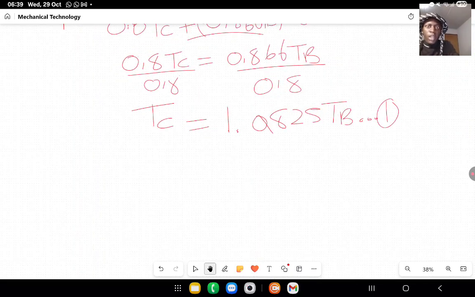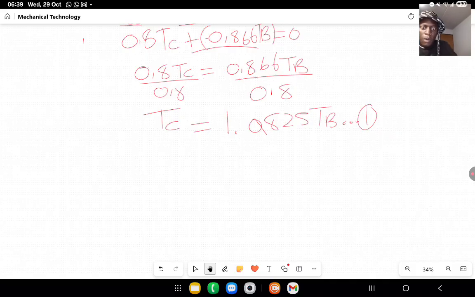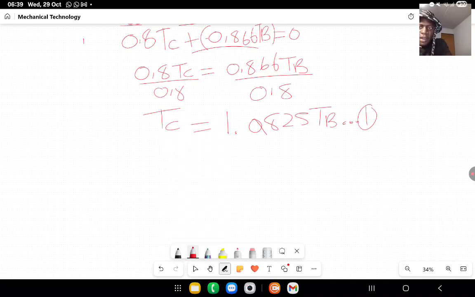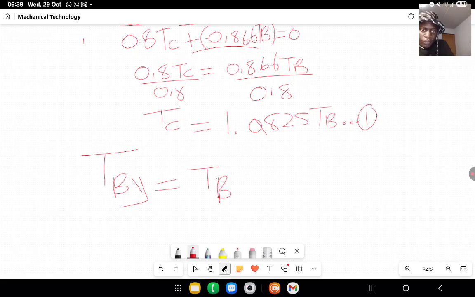Okay, now we have our equation number 1. Let's go back. We have found that TBY is equal to TB sine 30.